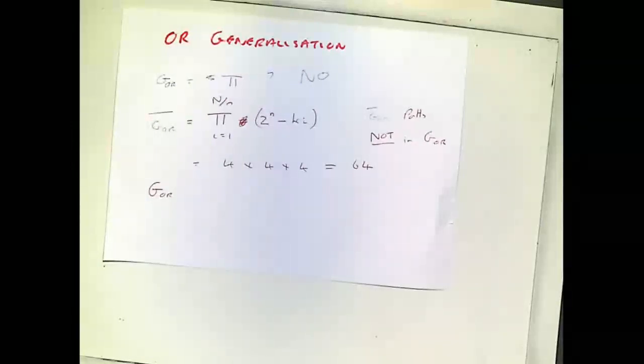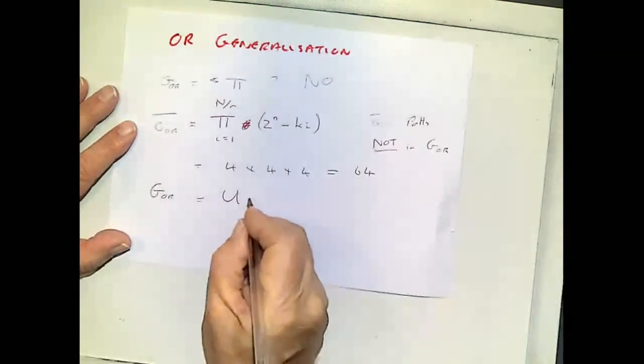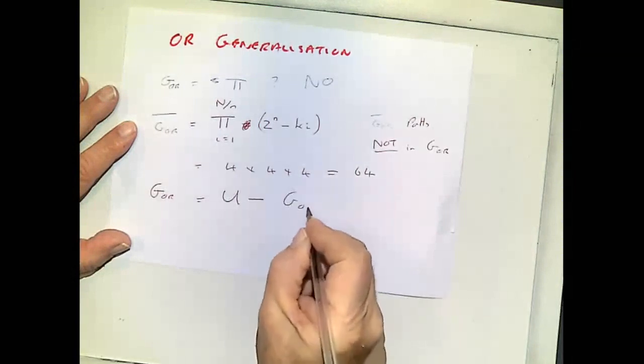I've got the total number of patterns. I've calculated the ones not in the generalization set. It's going to be not 1, but 1 minus. U, the universe, minus. So GOR is going to be equal to U minus not GOR.